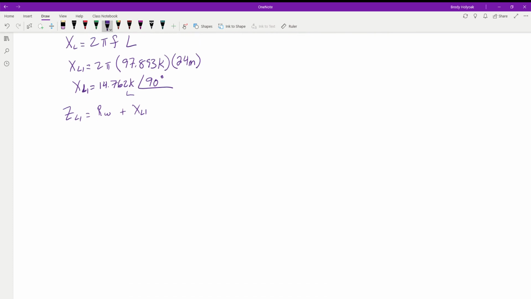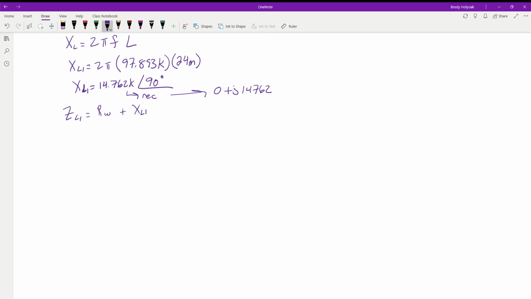So we want to turn this into rectangular. We are at 90 degrees exactly, so this is going to be a positive J value with no real part. So this converts to 0 plus J, because it's a positive angle, of 14,762.